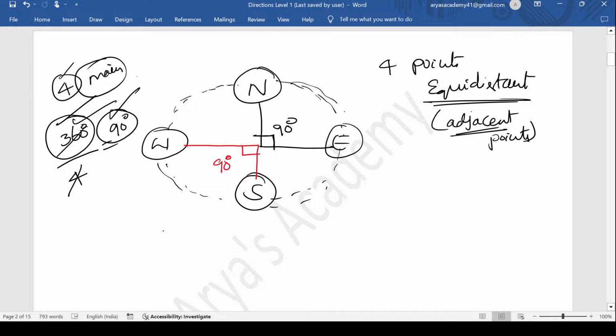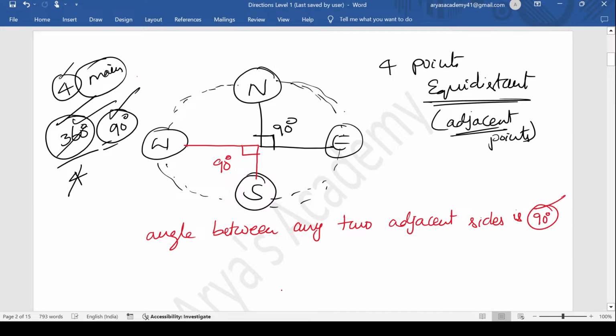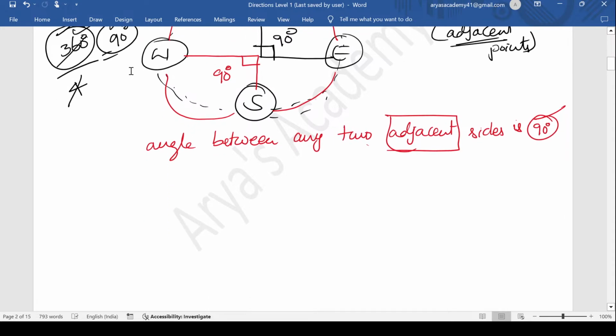So it implies that the angle between any two adjacent sides is 90 degrees. That you have to remember. So whether it is the angle between east and south, south and west, west and north, north and east, all of them will be 90 only. But you have to remember this word, any two adjacent sides.